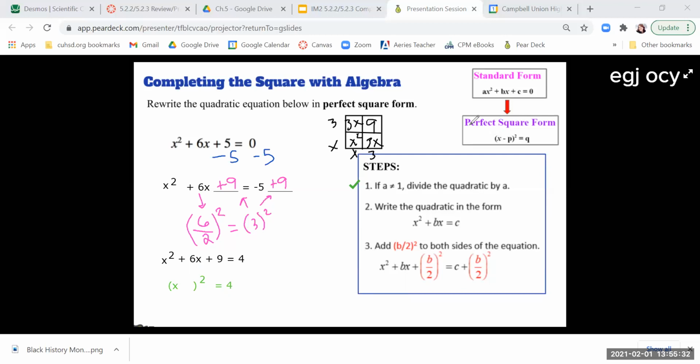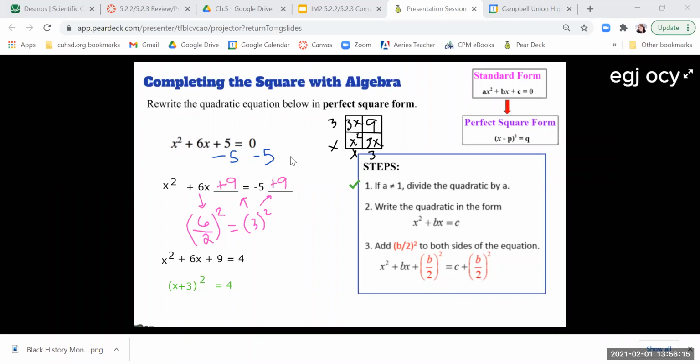So I'm going to go ahead and get my typing again. I'm just going to plug in now a plus 3 inside my parentheses. If that feels uncomfortable to you, you could always just do a factoring of this expression, but it will come out as a perfect square if you added in the correct number. All right, so we had a 1 in front, so we didn't have to divide out the a.